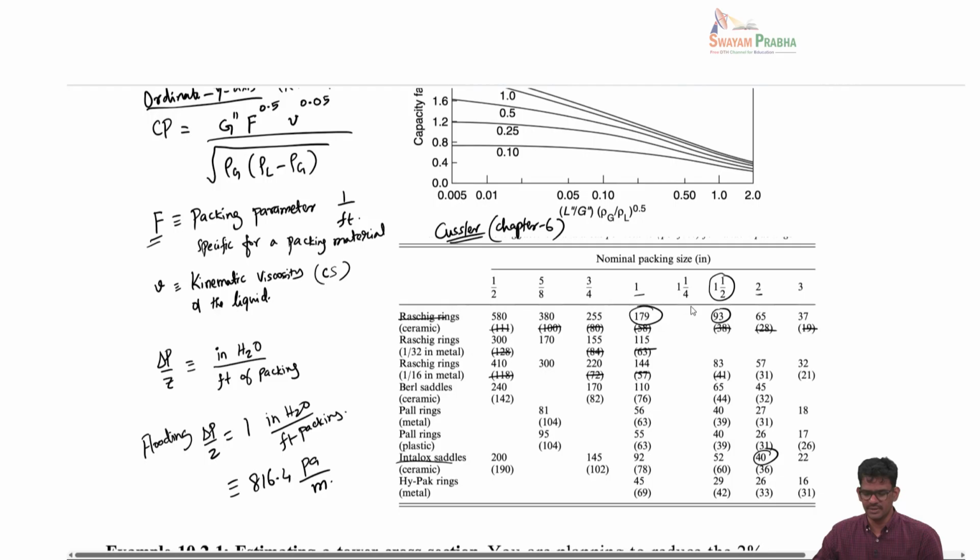So if you look at this table, you see that I have struck down some of the details. Those are the interfacial areas. So use the same table to find out the F factor, and at the same time the packing interfacial area. All the things that you see in the bracket here are the interfacial area. They are given in the units of meter square per meter cube of the packing.